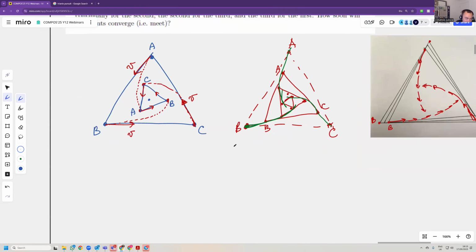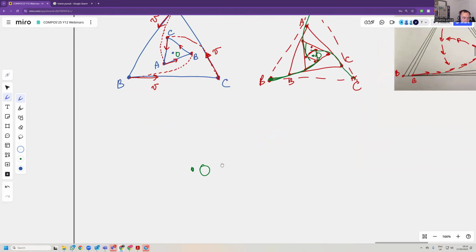Now, whenever you're moving, imagine at any position. So imagine O is the center of the triangle, and you're at a random point A. Your velocity, imagine you have a velocity like this. It has two components.